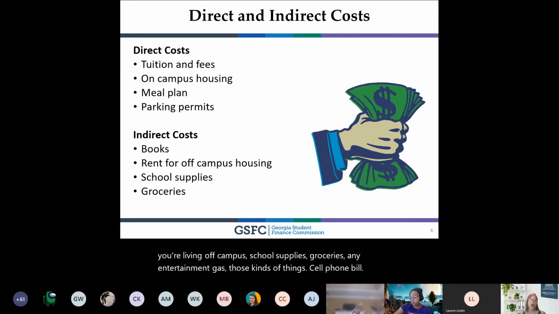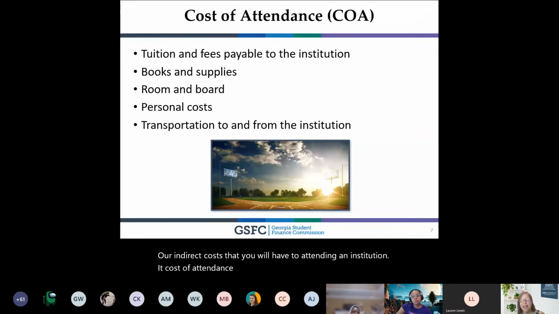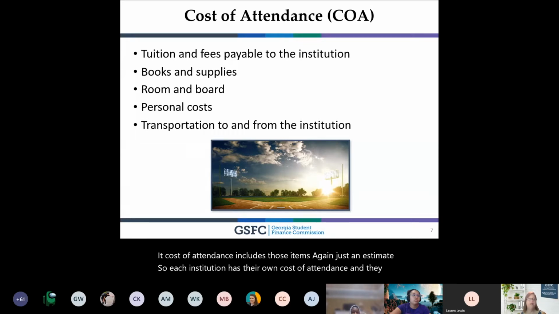Cost of attendance includes those items. Again, it's just an estimate. Each institution has its own cost of attendance, and they all incorporate tuition and fees, books, supplies, room and board, personal costs, and transportation. So it helps you compare the cost of each institution.